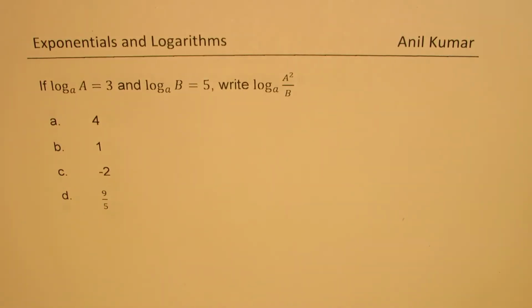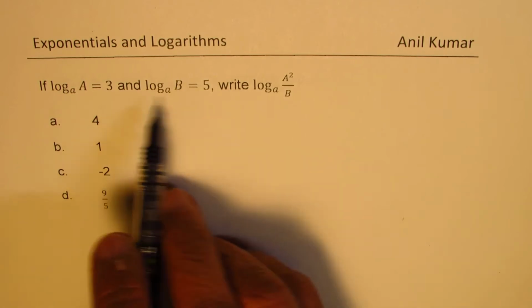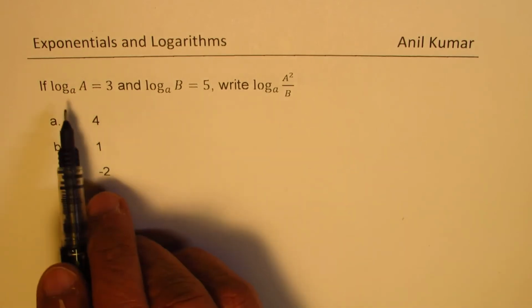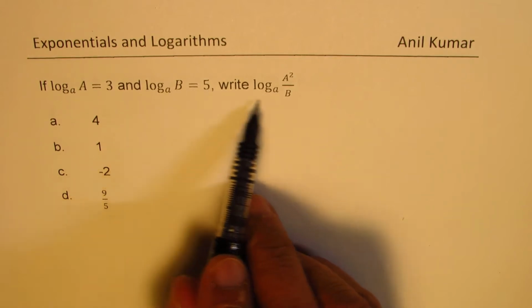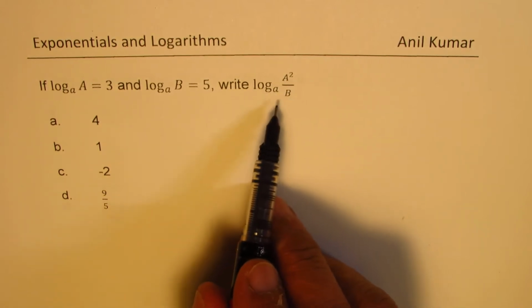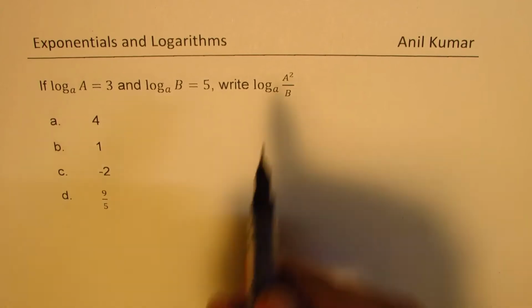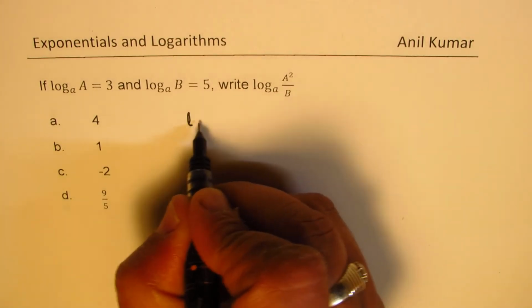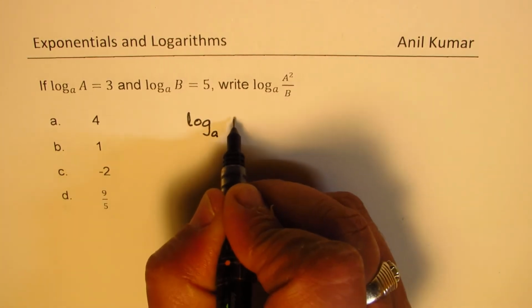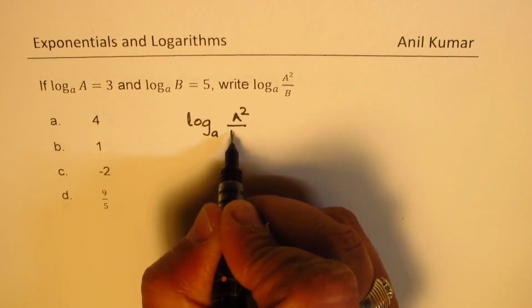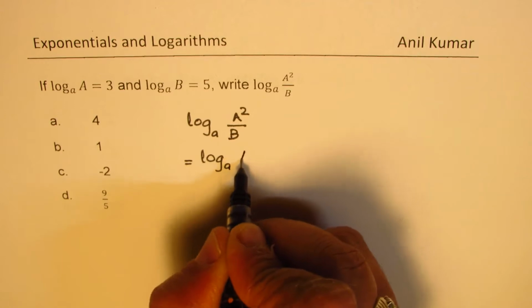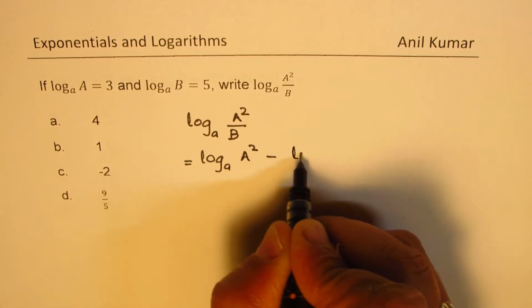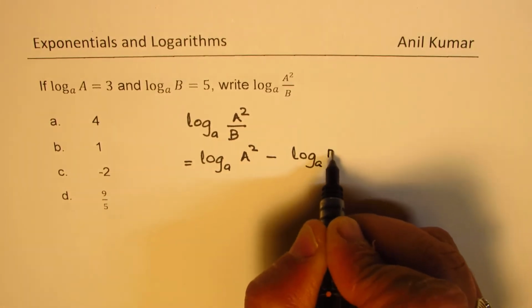The next question is slightly different, but same rule. Log to the base a of a is 3, log to the base a of b is 5. We have a different expression here. So you can always pause the video and answer this one. So we could write this log to the base a of a square over b as equal to log to the base a of a square minus log to the base a of b, right?